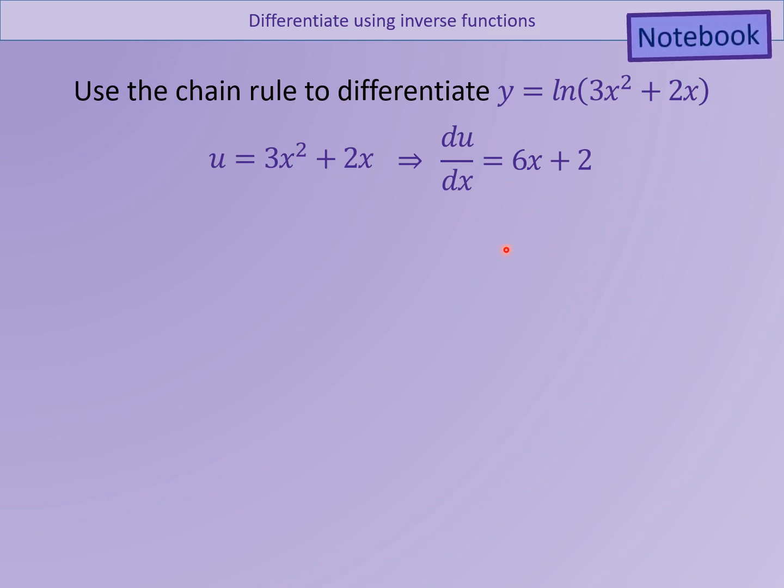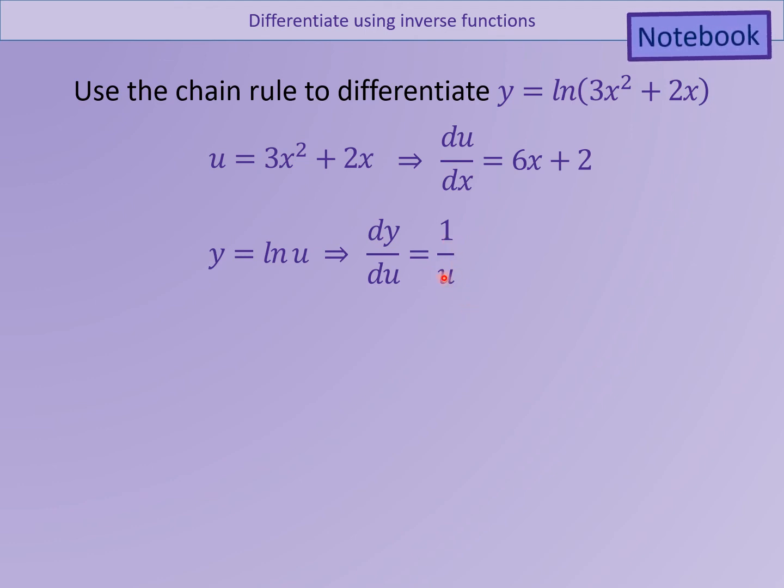Once I've differentiated my inside function, I can then consider the outside function, ln u. What does that differentiate to? Well, that's the one I've just done. That's the one you've still got written in your notebook right in front of you. How do you differentiate ln u? It goes to 1 over u.